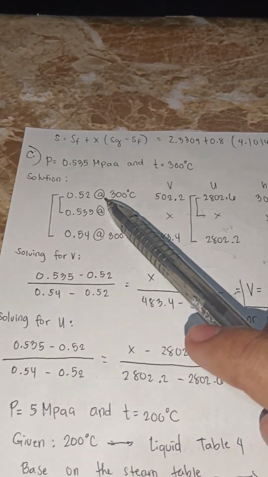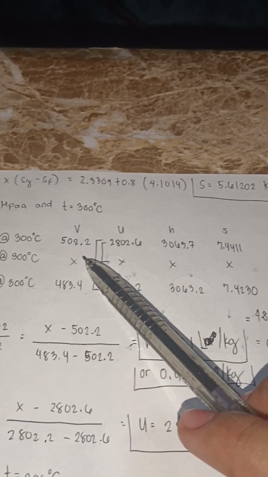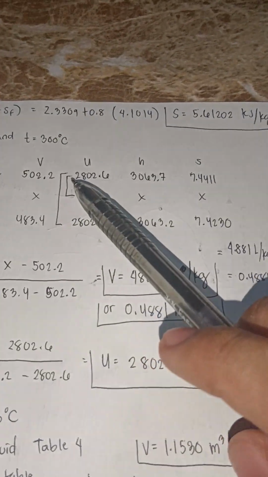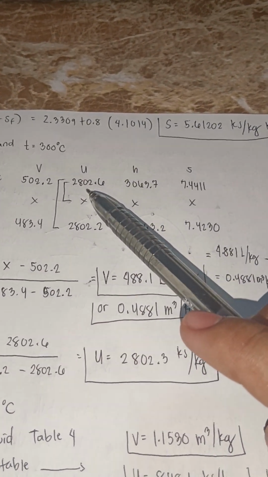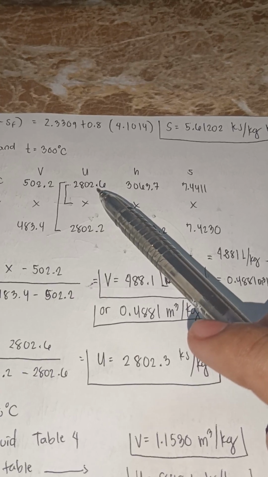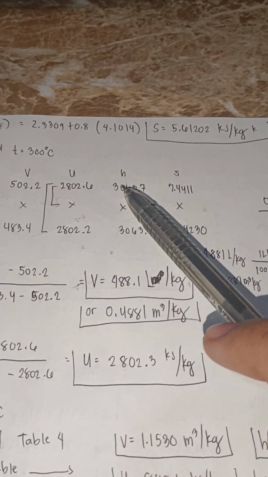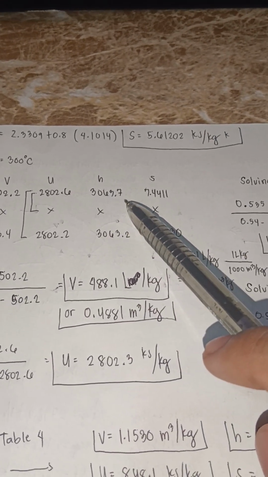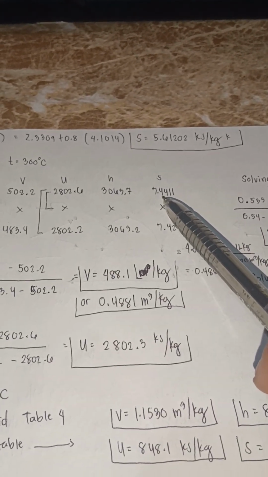0.52 at 300 degrees Celsius, volume is equal to 502.2 cubic meter per kilogram. So the internal energy 2802.6. The enthalpy of 3063.7. The entropy of 7.4411.